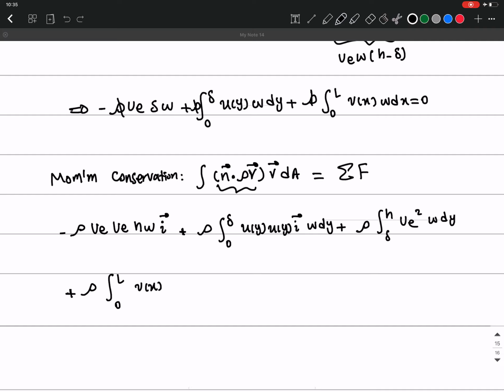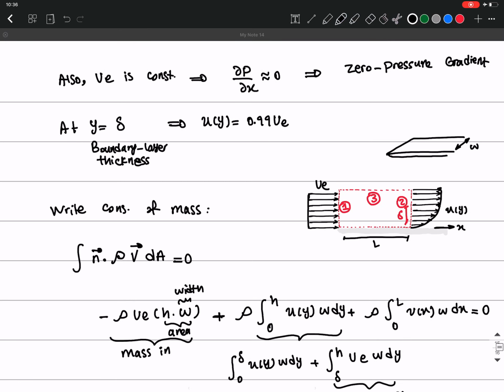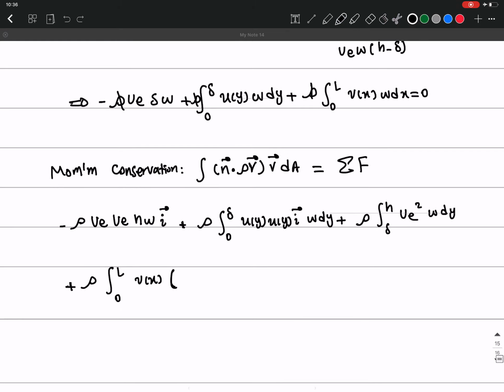The second component is the total velocity component. So this was Vx. But how about the second one? The second one is the total velocity component. So it's going to be 0 to L. So here, the velocity is ue, right? Based on what we considered here. So it's going to be ue in the I direction and Vx in the j direction.